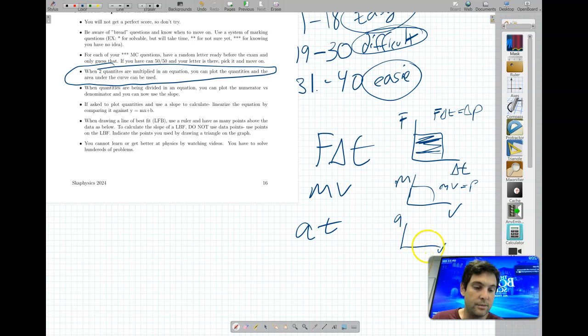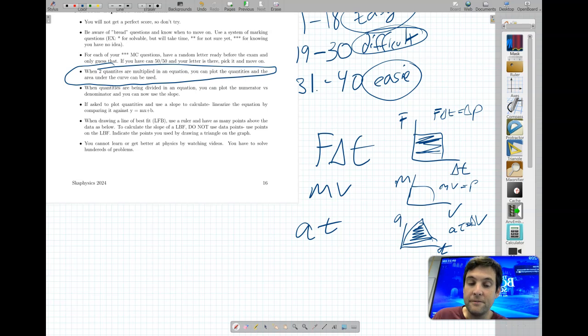In this case, it's going to be acceleration times time, which we know is velocity, delta V. Don't forget about that.